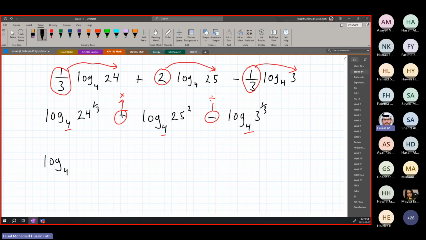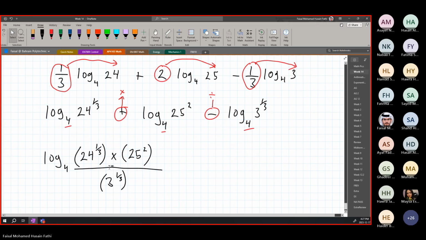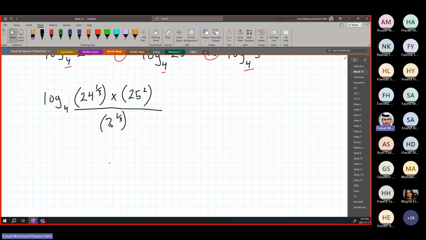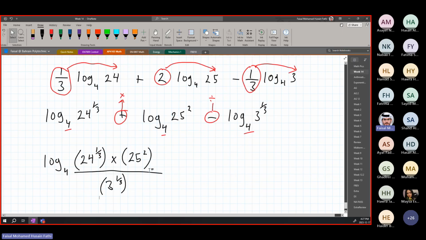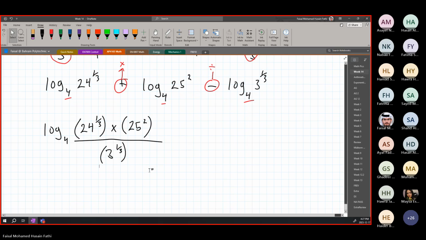Log 4 of 24 to the power of 1 over 3 times 25 to the power of 2 divided by, I'm just doing it all in one step, 3 to the power of 1 over 3. Put this in your calculator and you found your answer. Done. And that's it, you're done.